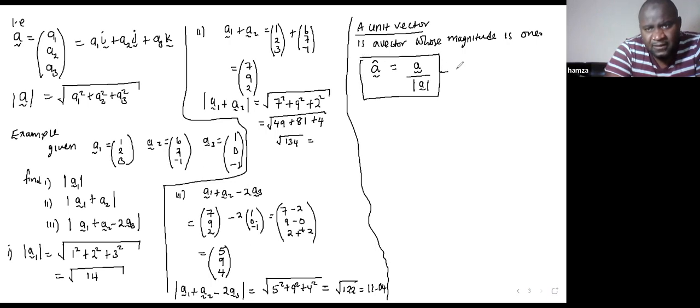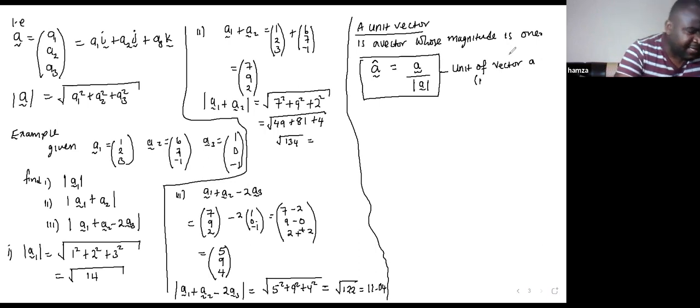This means this is the unit vector of A. Okay, the unit vector of A, we can write it like that. And in this case, they can ask you to maybe find the unit vector of something, whatever is given.